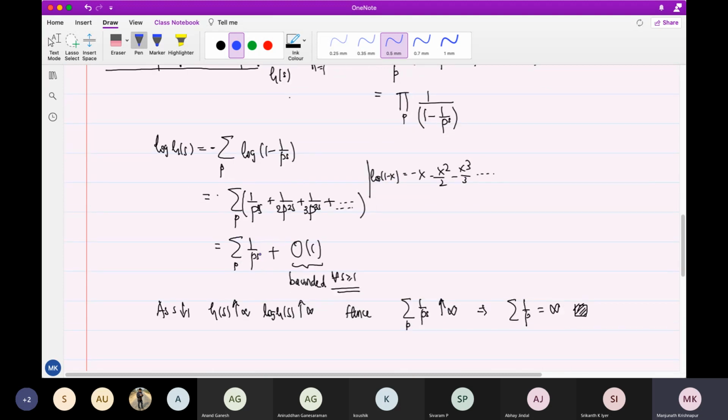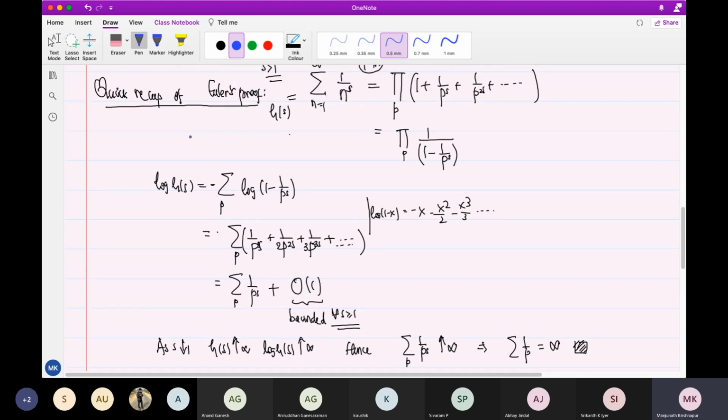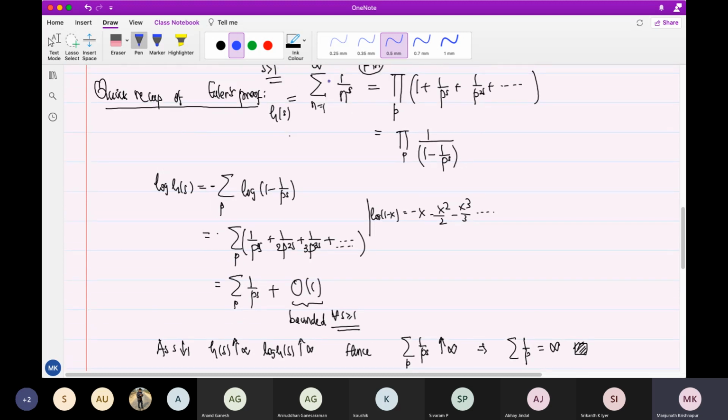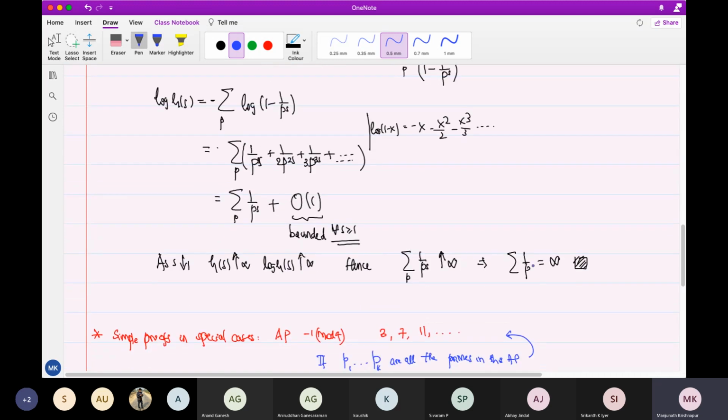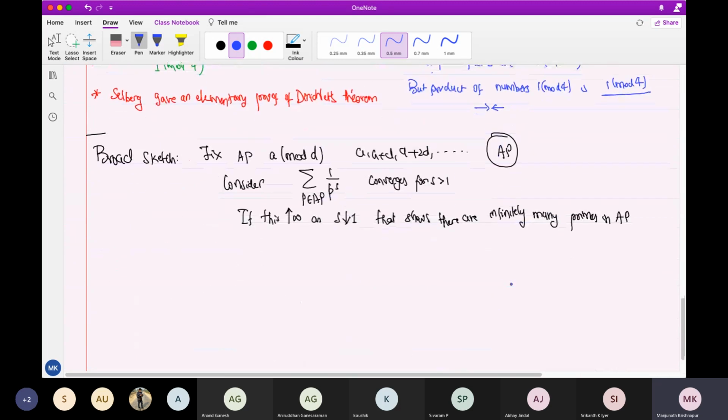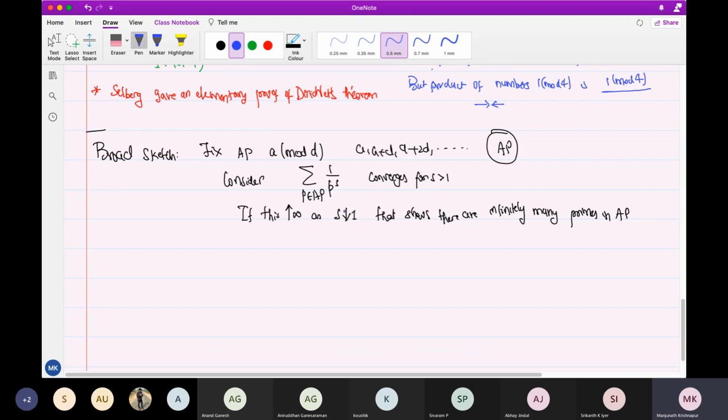As s goes down to 1, this blows up because the left side blows up, because we know that the summation of 1 by n to the s blows up. So the log of that blows up, and therefore the summation of 1 by p to the s should blow up. That is how we get that the summation of 1 by p is infinity. So can we do something like that here? That is the question.